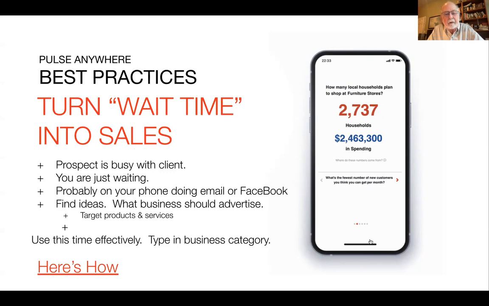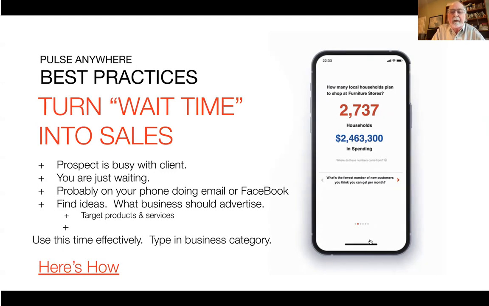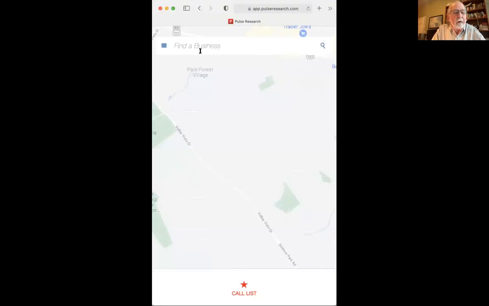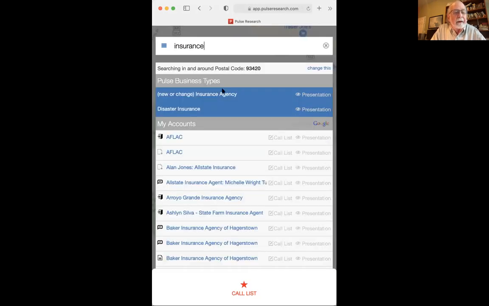Okay, so let me tab over once again and go back here. I'm going to change the sharing. Okay, so on your phone this time, let's type in insurance again. We type in, once again, up in the search bar, the category of the business, insurance, click on presentation.